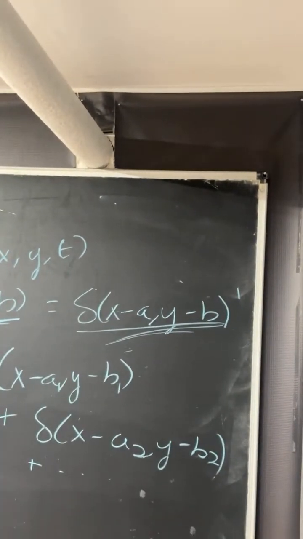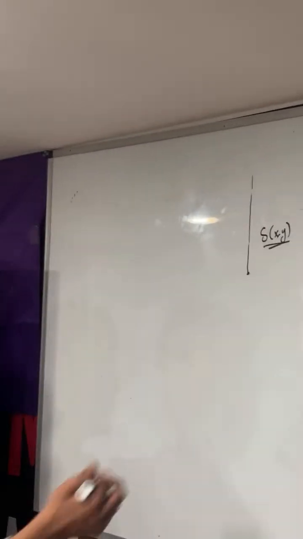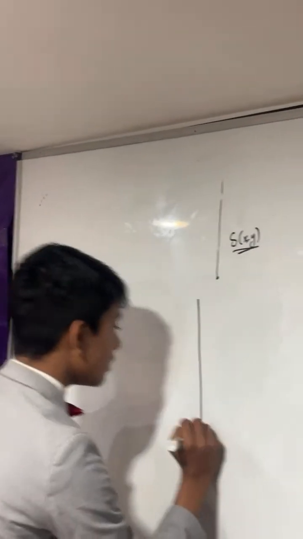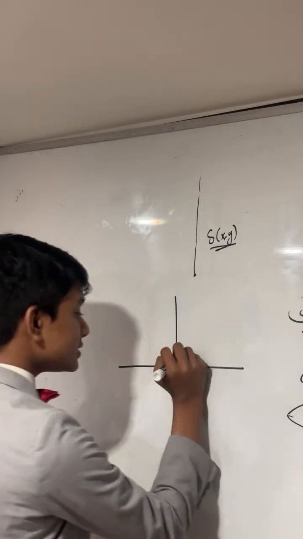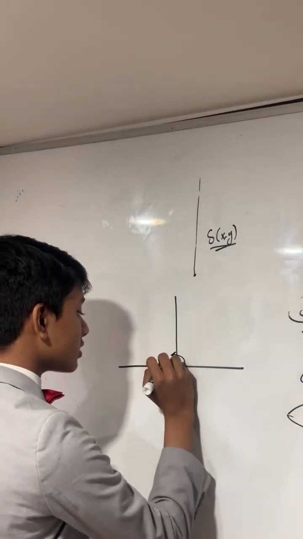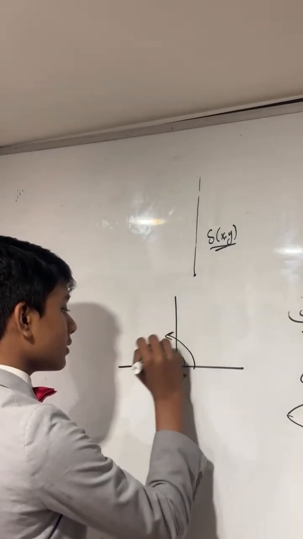So now, let's get to the topic of how point vortices act on each other. Well, a point vortex by itself on the 2D plane is going to induce some amount of velocity, right?